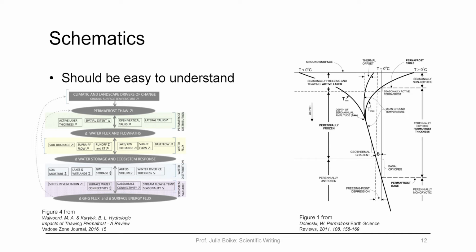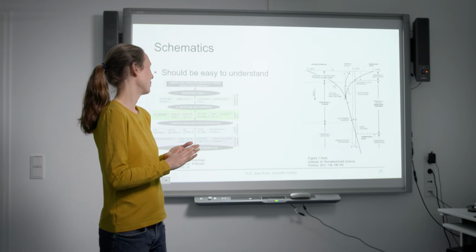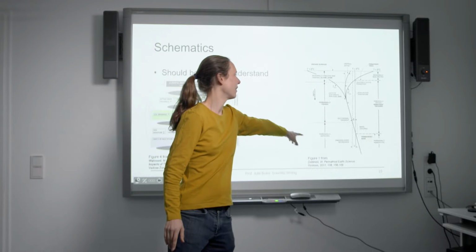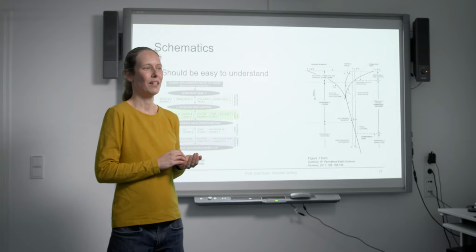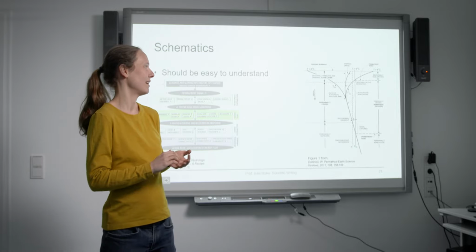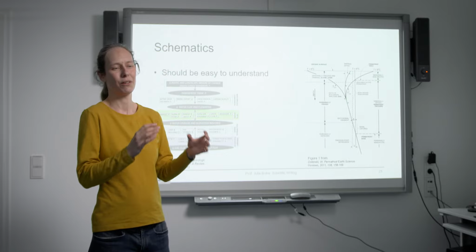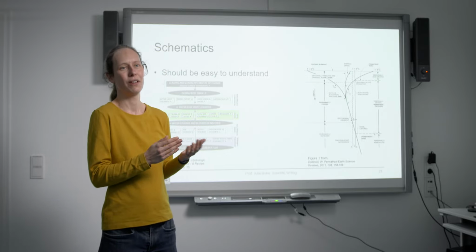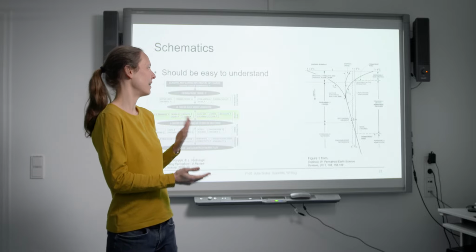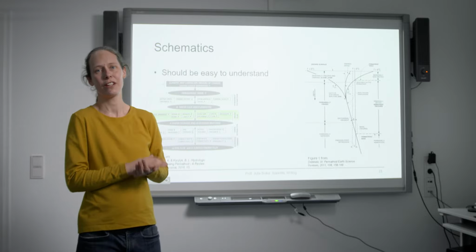Or maybe if it's really all important, then try to, especially in this schematic, highlight it in a better way so it's easier to understand. For example, make groups, what belongs together in a different color or something, just structure it a bit more.